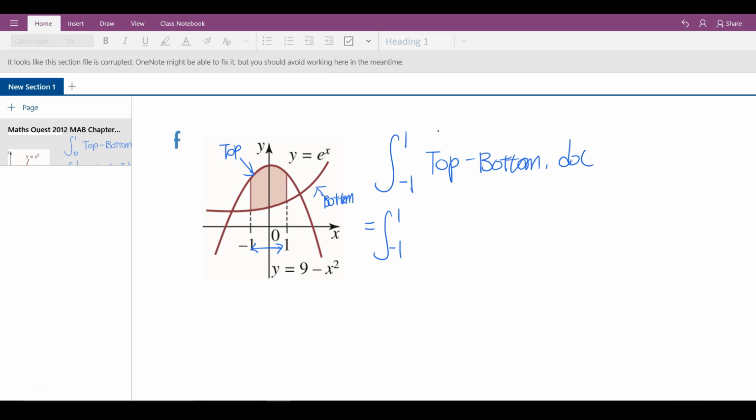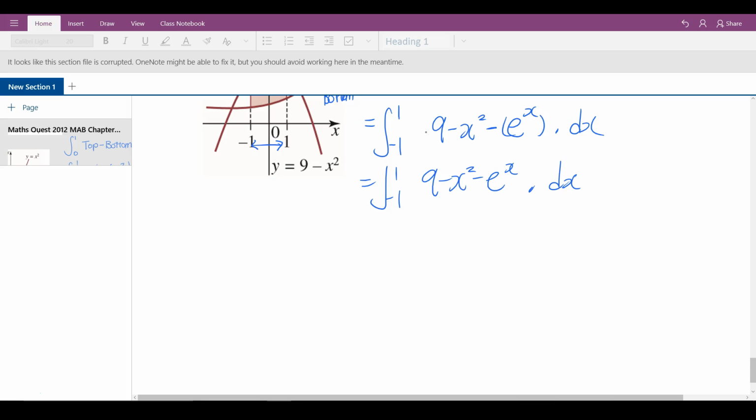So top minus bottom: 9 minus x squared minus e to the power of x. Let's just expand the bracket, integrate with respect to x.